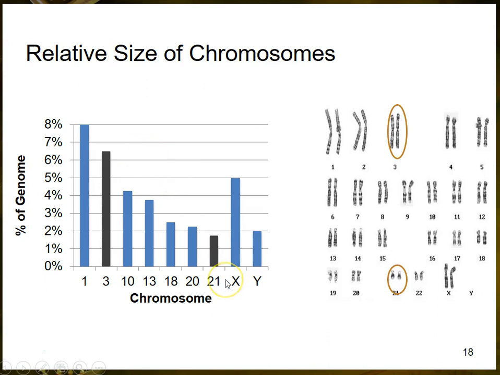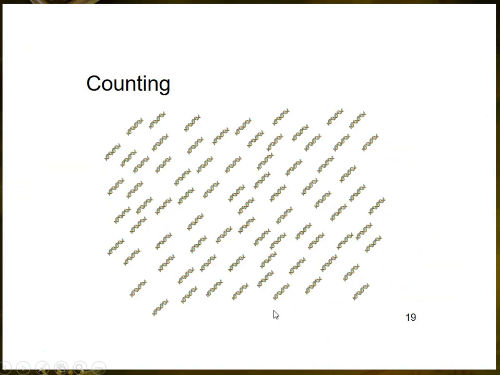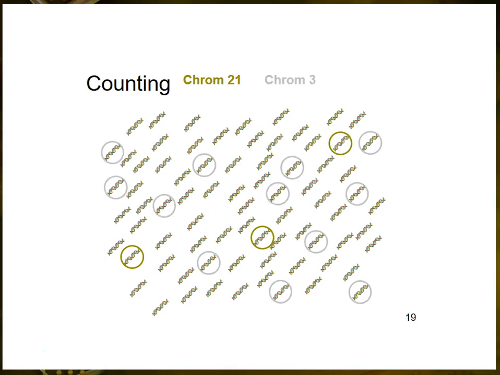One of the methods used is a counting method. We compare the DNA on chromosome 1 to 13, chromosome 2 to 18, and chromosome 3 to 21. So, in the counting method, here are our fragments from chromosome 21, and here are fragments from chromosome 3.